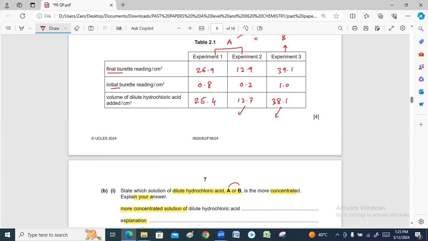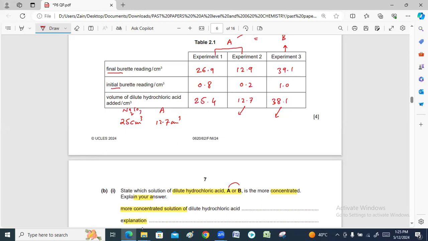This is for sodium carbonate: if we titrate 25 centimeter cube of sodium carbonate for A, 12.7 centimeter cube of hydrochloric acid is required to neutralize or react completely with 25 centimeter cube of sodium carbonate.